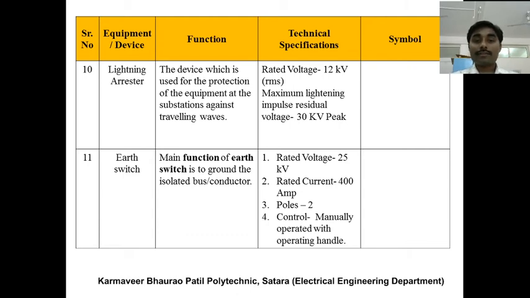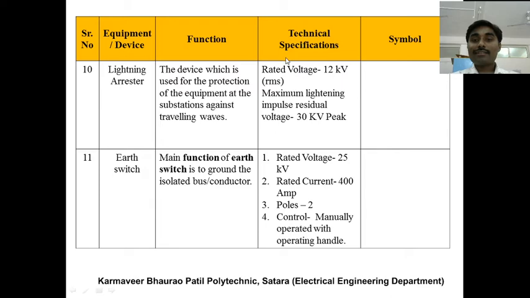Then next is the lightning arrestor. Students, it is the device which is used for the protection of the equipment at a substation against traveling waves which occur due to lightning strokes.